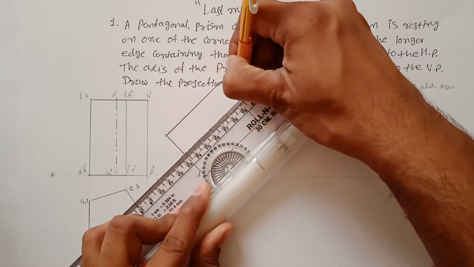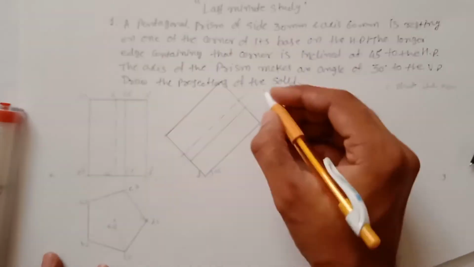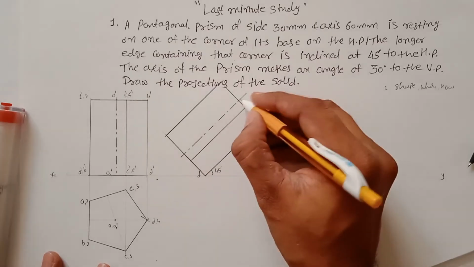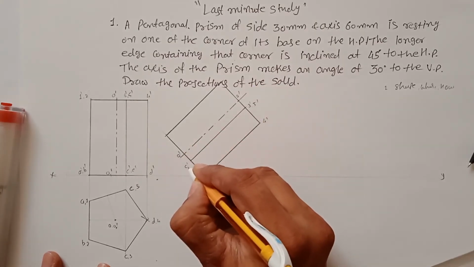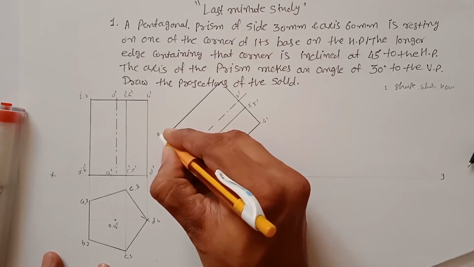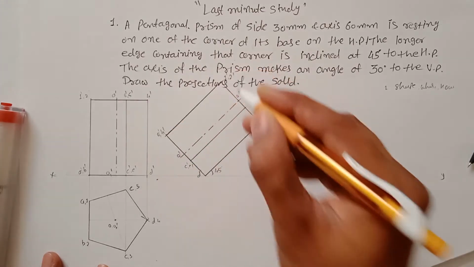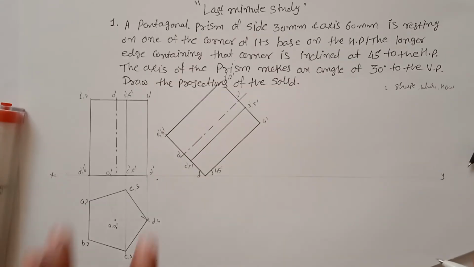The axis should be drawn with the chain line. Now give names like this is 3 dash 5 dash, this is O dash, O1 dash, C dash E dash, this is A dash B dash, and this point is 1 dash 2 dash. Now this is the second position of the front view.